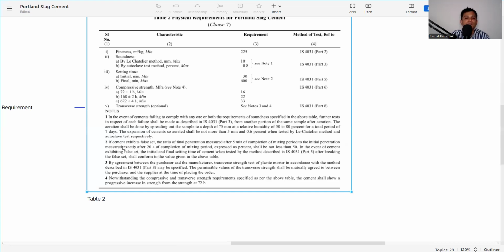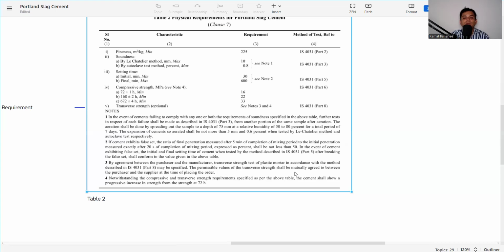Then if the cement exhibits false set, the ratio of the final penetration measured after 5 minutes of completion of the mixing period to the initial penetration measured exactly after 20 seconds of completion of the mixing period. So if there is a false set, the criteria for how to measure it are also given. Then, by agreement between the purchaser and the manufacturer, a transverse strength test of plastic mortar in accordance with the method described in IS 4031 Part 8 may be specified.